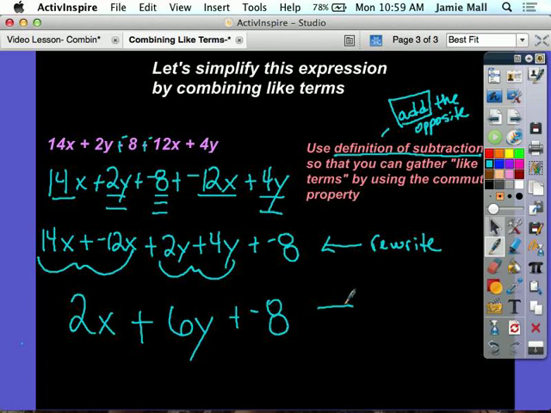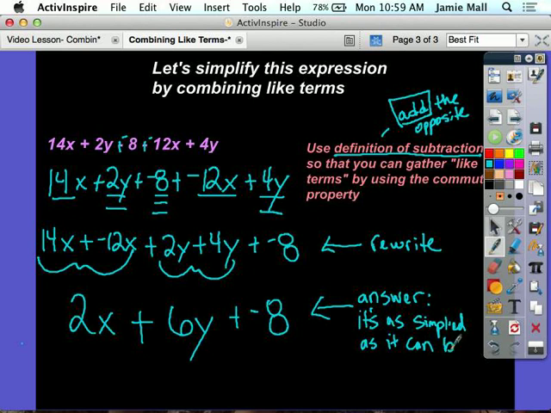And this here is our answer, and it's our answer because it's as simplified as it can be. Notice I cannot combine my x's and my y's because in order to combine like terms, the variables have to be exactly the same.